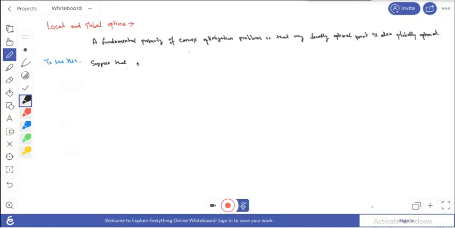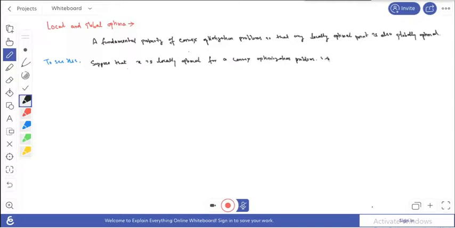Suppose that x is locally optimal for a convex optimization problem.